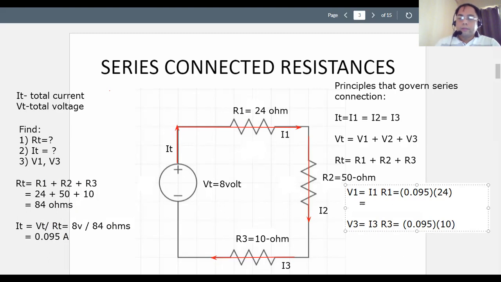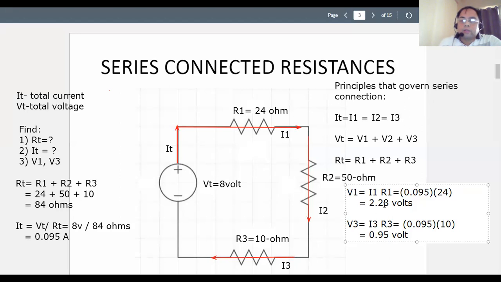Among these two, it's easy for us to find V3, which is 0.95 volts, and we expect that this is the smallest value compared to V sub 1. Our V sub 1 is now equal to 2.28 volts.